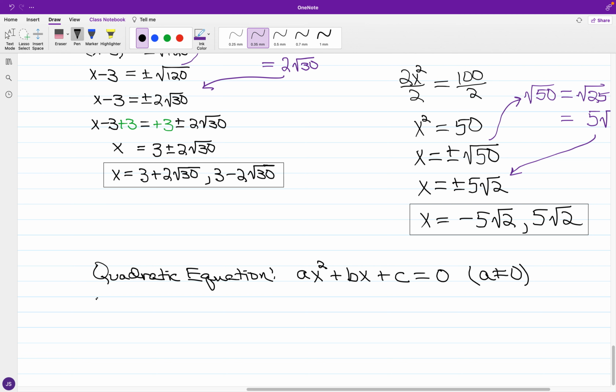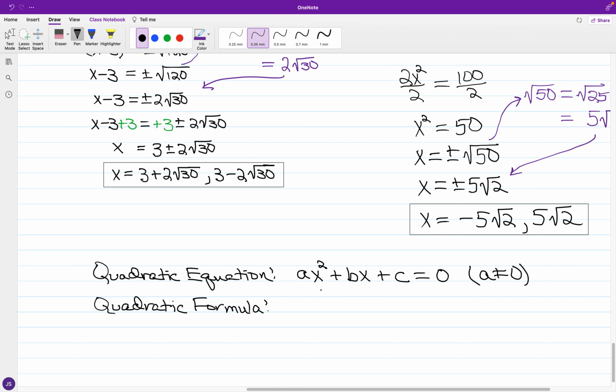And where the trinomial might not be factorable, so you can't directly use the zero product property, and where the square root property of equality might not be a straightforward route, there is another approach, and this would be the quadratic formula.